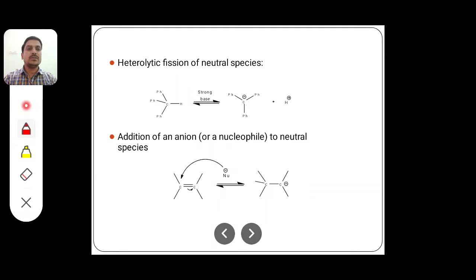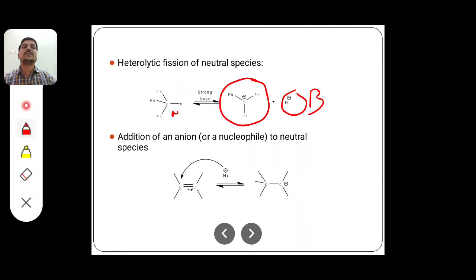See the first example given here, triphenylmethane, and a strong base is added into that. That strong base picks a proton, and the bonded electron pair between carbon and hydrogen stays on carbon. So there is formation of carbanion, negative charge on carbon. H plus is removed by some base. This is a heterolytic fission of bond.